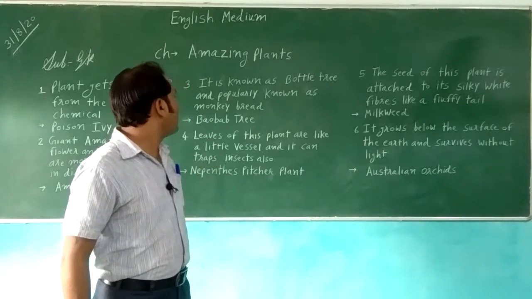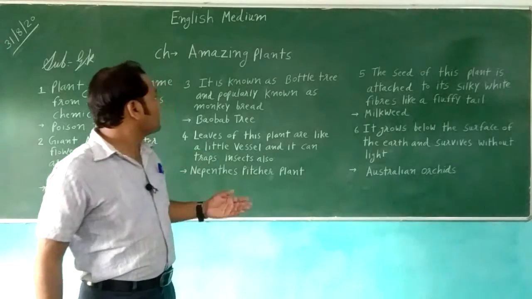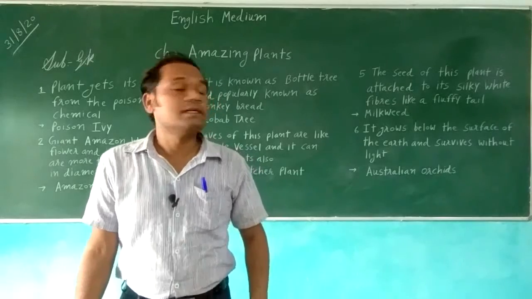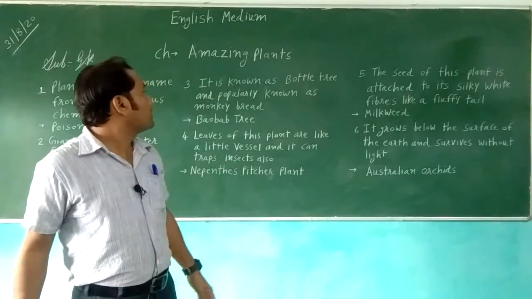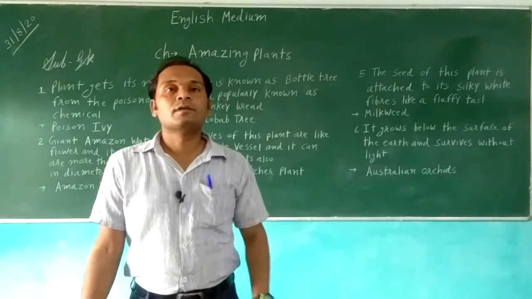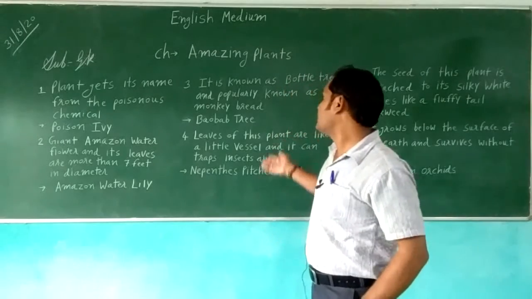That is the baobab tree. It can hold 300 liters of water, and it is known as monkey bread, and it is also known as bottle tree. So it is one of the amazing trees.